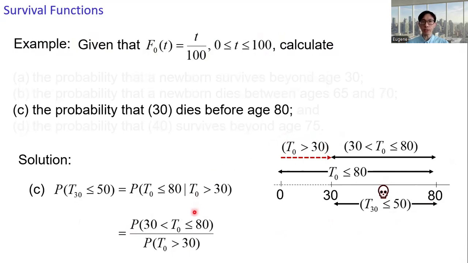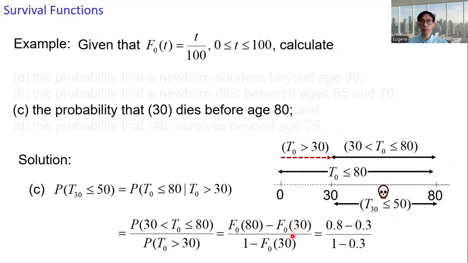Expressed in terms of F0, substitute t equals 80 and 30 respectively. Upon calculation, we get the probability 0.7143.